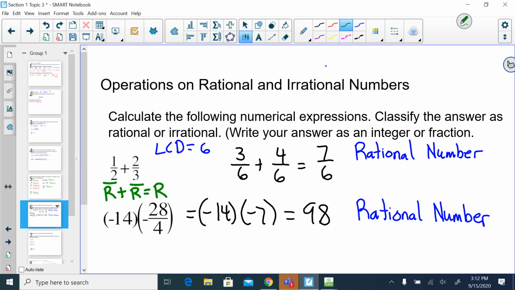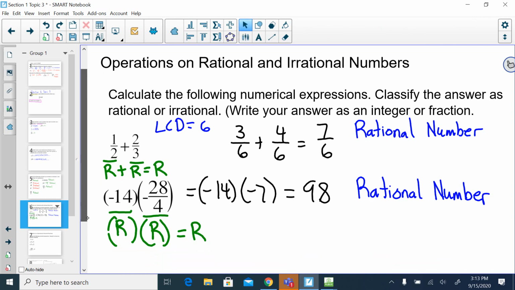Look at what we did for the second part. We have negative 14, which is a rational number. Negative 28 over 4 is also a rational number. We multiplied those two things, and our answer was still rational.